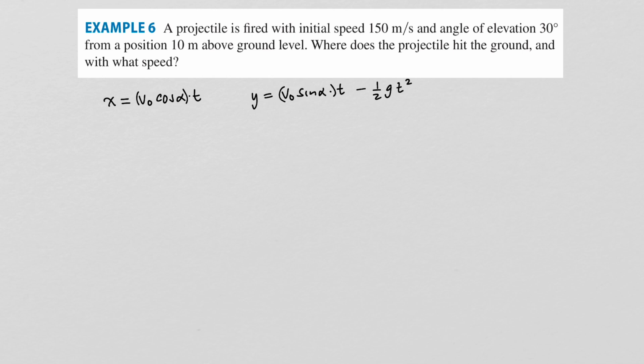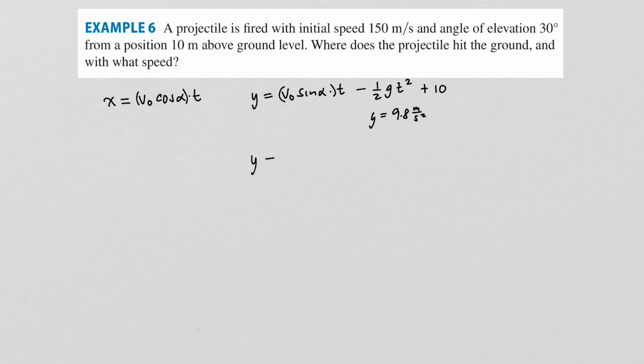Now, that's not the entire position function in this case, because it's being fired from a position 10 meters above ground. So I have to add 10 here because it starts 10 meters above what you would call y equals 0. Also, g in this case is 9.8 meters per second squared, because we're given units this time. So we need to plug in the correct units for gravity.